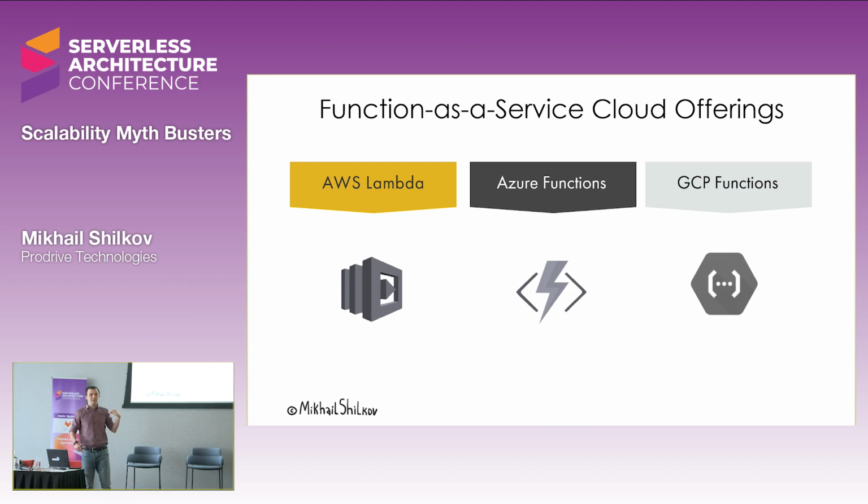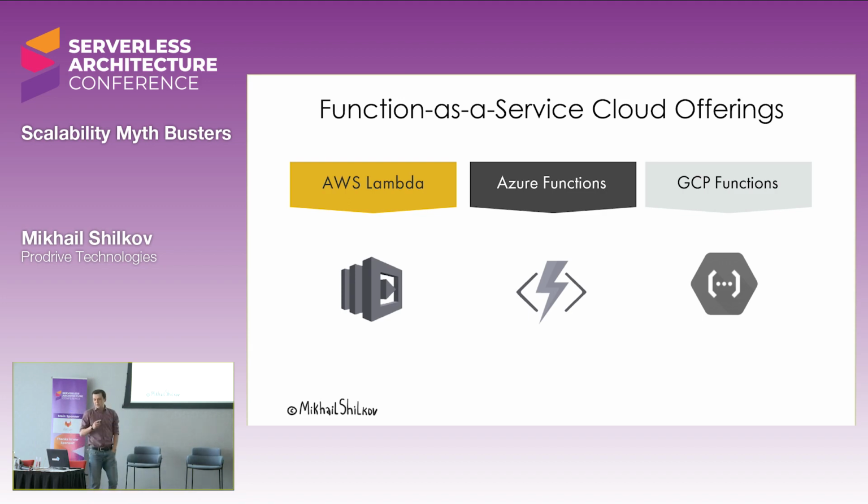I will mention a couple of other vendors closer to the end, but these are the targets for my tests and analysis. Obviously, Lambda is probably the most popular one. I'm most familiar with Azure Functions, so I might be biased a bit. Just keep this in mind.